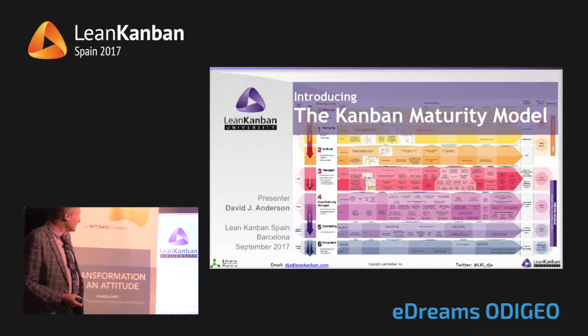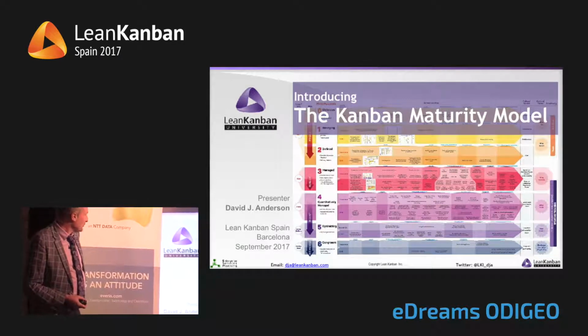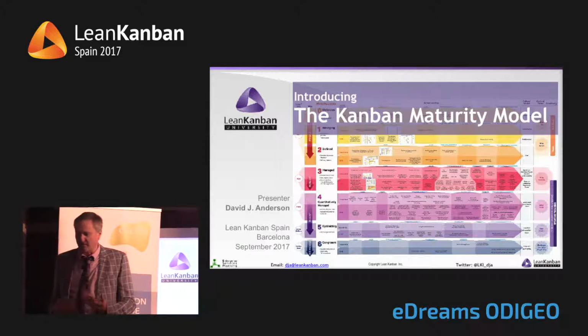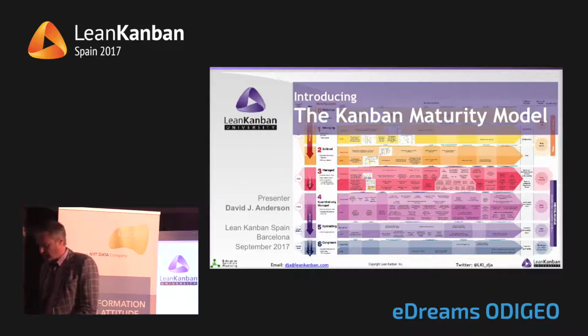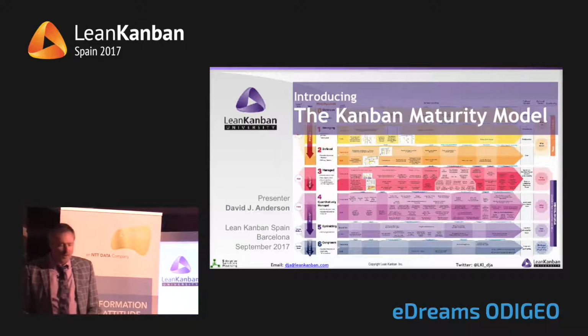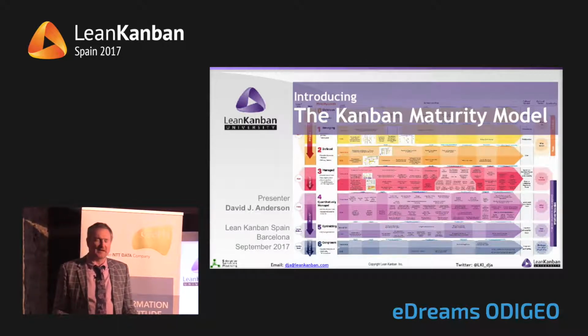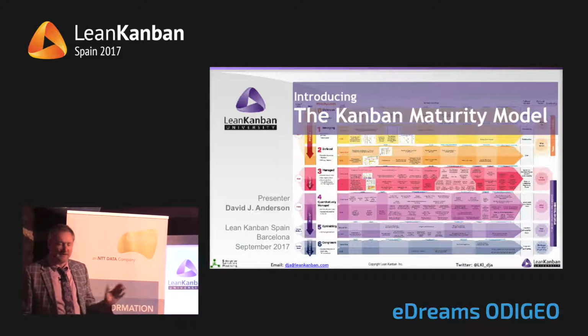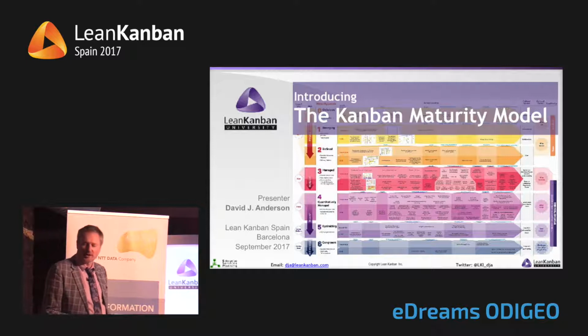Right, great. So I want to talk about changes that we're making in adopting Kanban, making it easier, making it a little bit more predictable, and getting past some of the basic impediments that people have encountered.